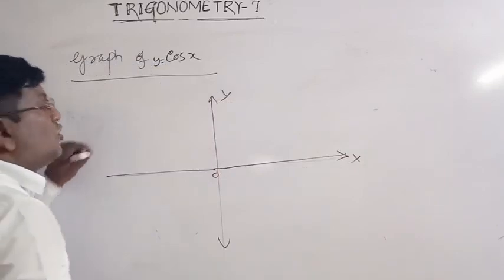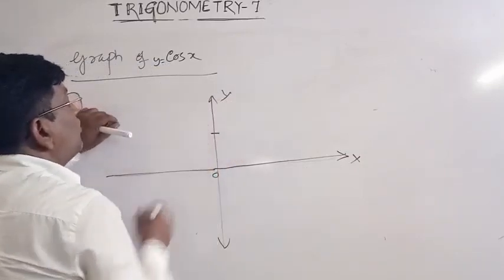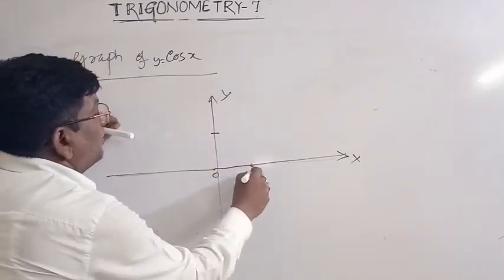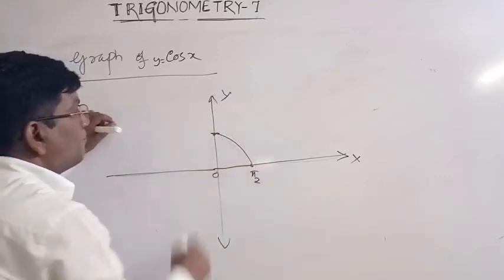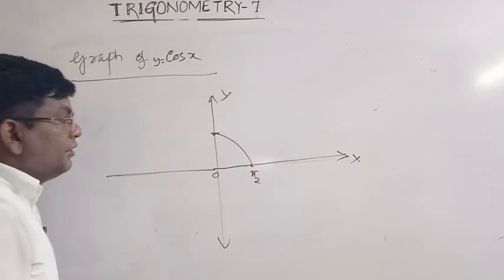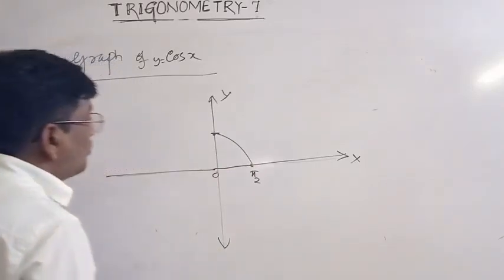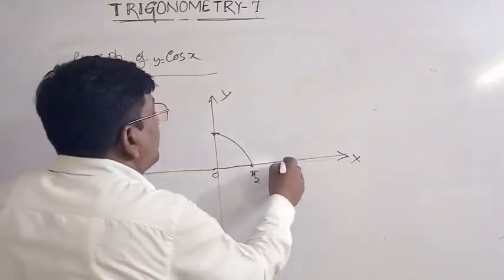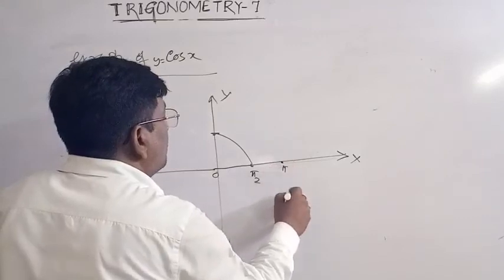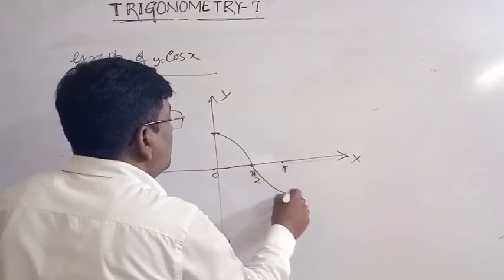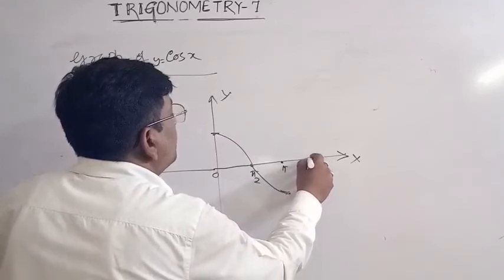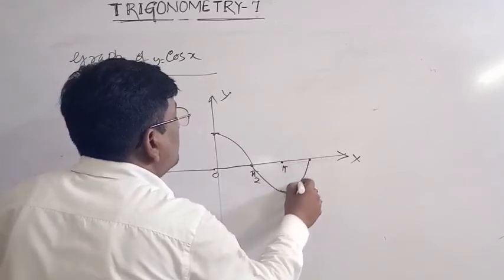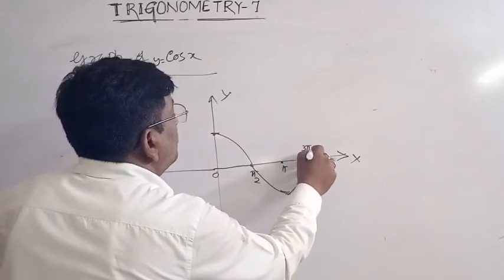What is cos 0? 1. Cos pi by 2 is 0, so the graph comes from 1 to 0. Then cos pi is cos 180, which is -1. And cos 3 pi by 2 is 0.